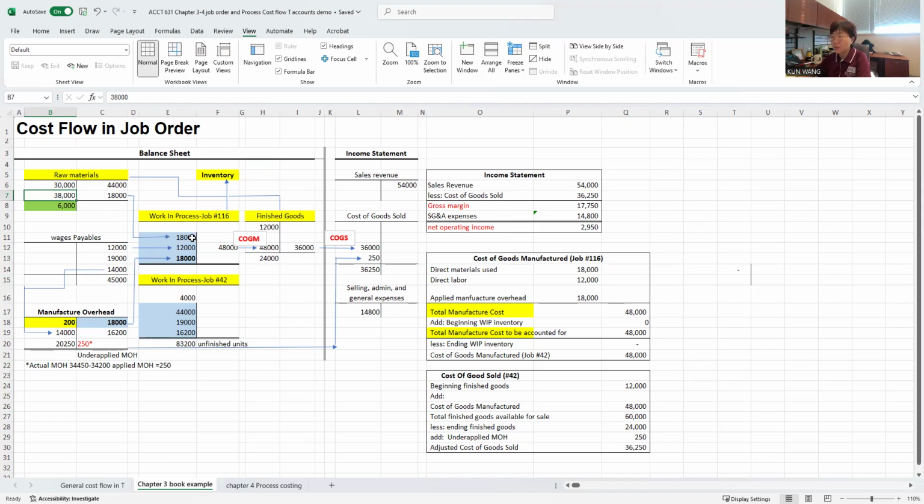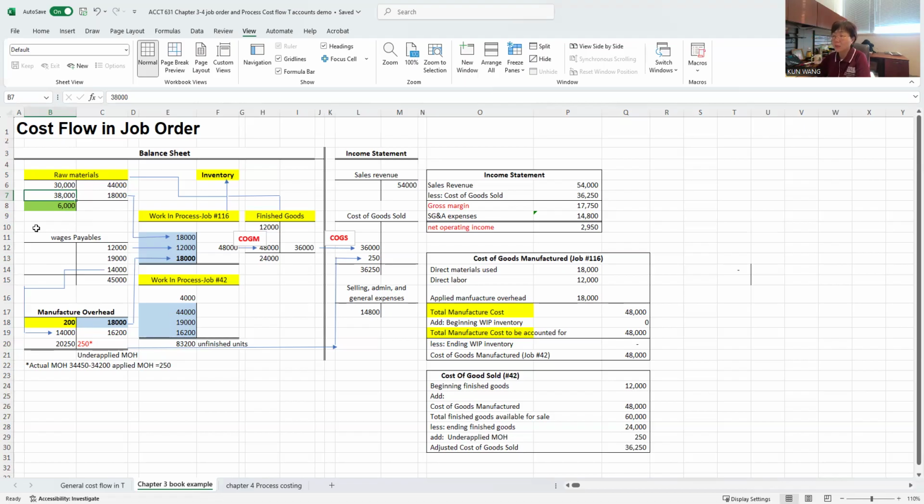So 18,000 is for job 116. The indirect material in the example is not coming from the raw material, it's for some additional inventory, like consumable materials. Raw materials means again the material that directly becomes part of the product body, really the integral part.